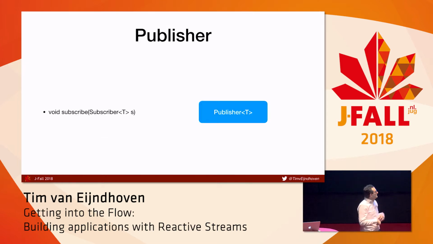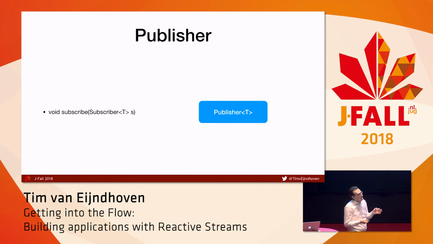If we go more in depth into what these interfaces are, we have the publisher interface, which is really small, right? It only has a subscribe method, and it takes a subscriber. So this is a really easy interface to implement, right? This can't be difficult.